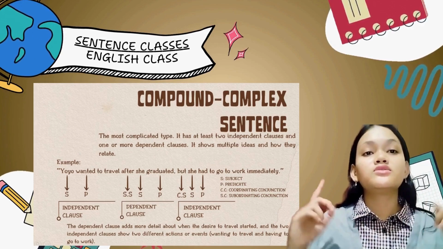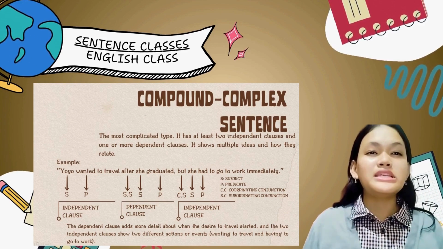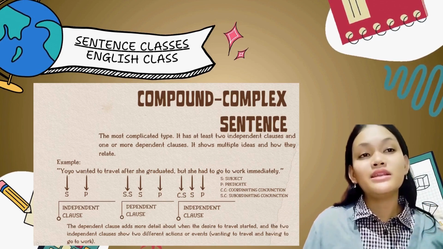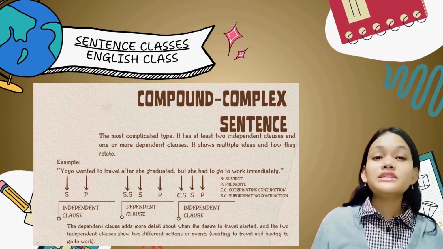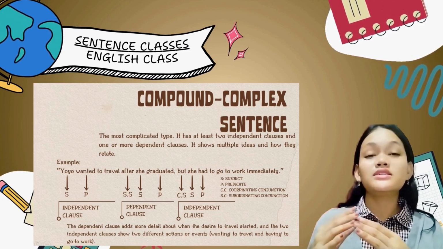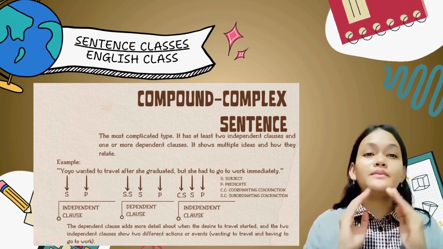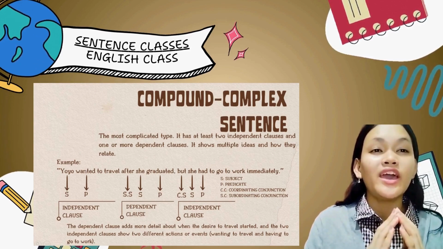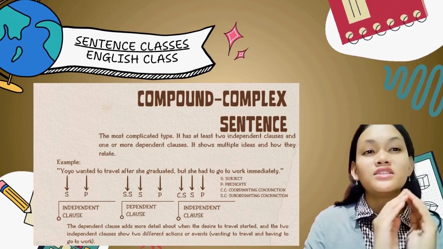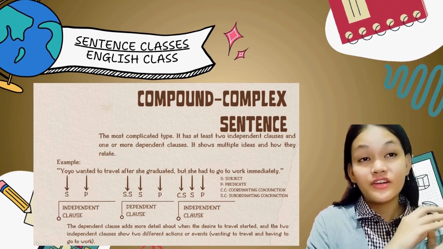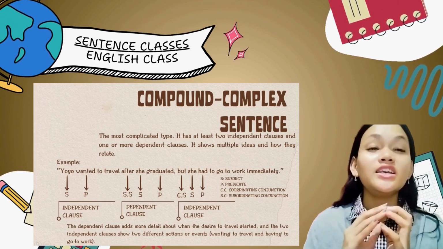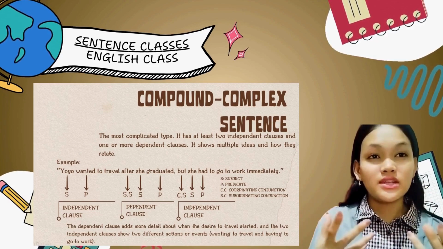Yo-Yo wanted to travel after she graduated, but she had to go to work immediately. For the first independent clause, the subject is Yo-Yo and the predicate is wanted. For the dependent clause, we have the subordinating conjunction after, and then the subject is she and the predicate is graduated.